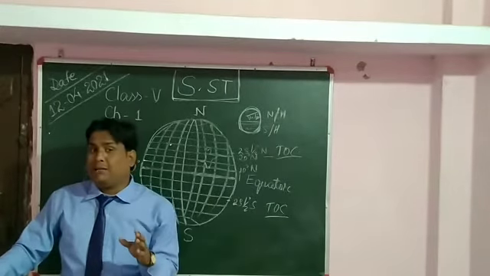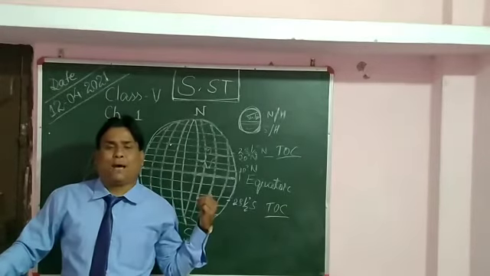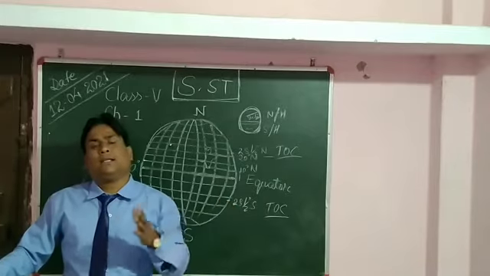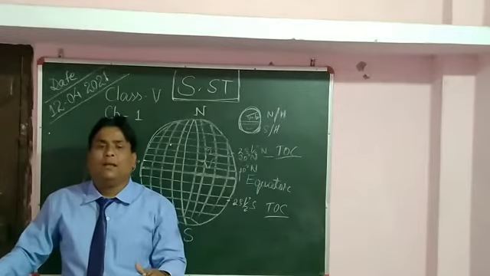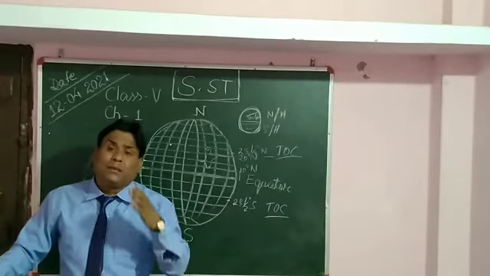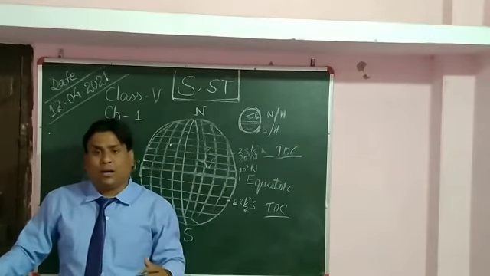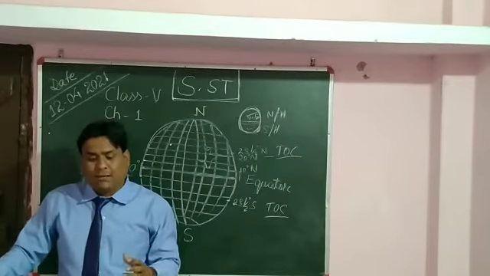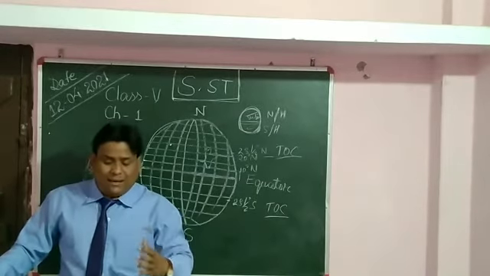Keep in mind that both kinds of lines, whether parallels or meridians, are imaginary. They are not real, but people have made this system to locate a place on the earth's surface. That's why they have projected some imaginary lines.